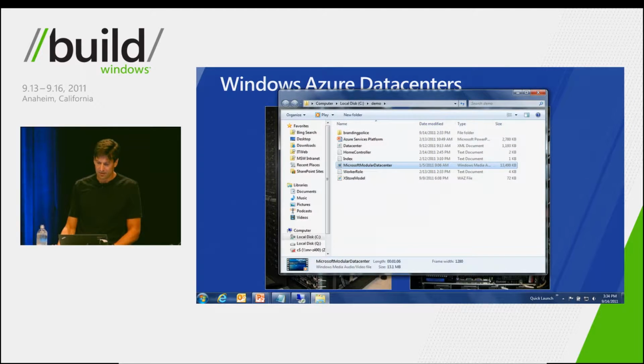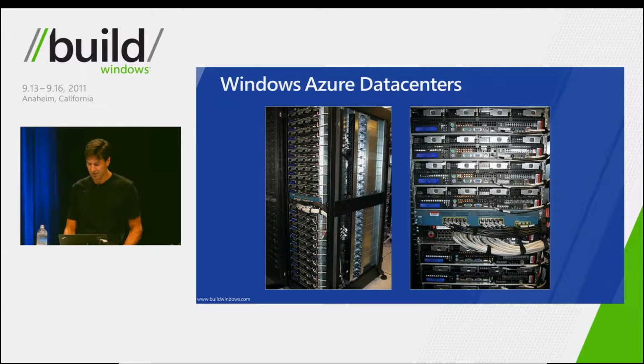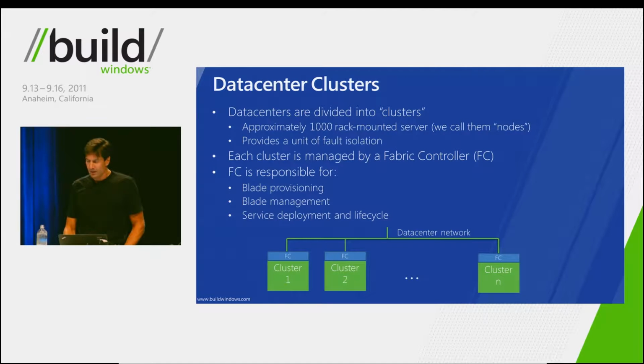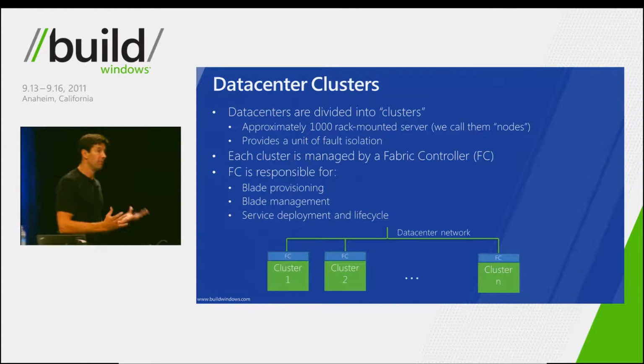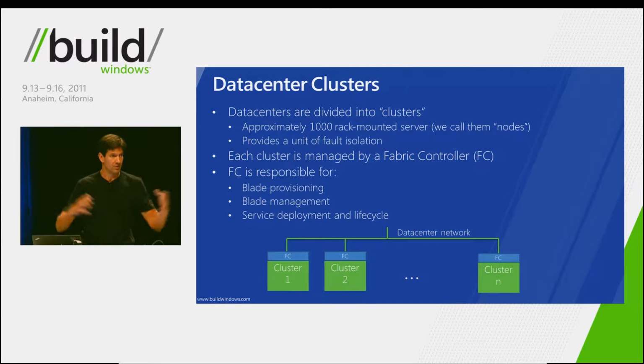But inside, still, from a logical perspective, you see what you saw in the previous slide. What we do from a software management perspective is we divide the data center into groups of racks that we together called a cluster. A cluster is roughly 1,000 racks, or sorry, 1,000 servers, typically around the neighborhood of 20 racks. And this is variable and can change over time, but right now that's kind of our unit of fault isolation.